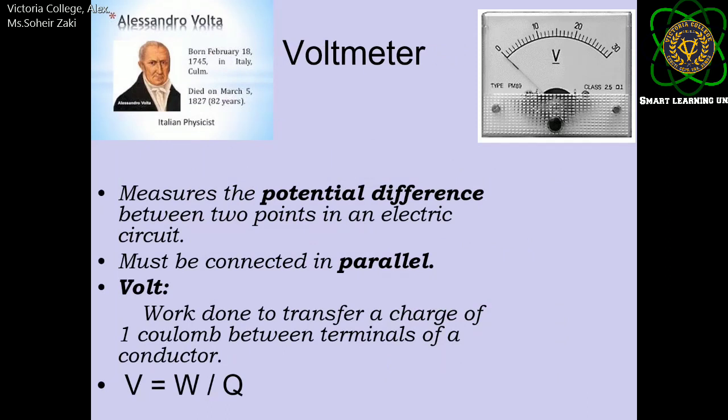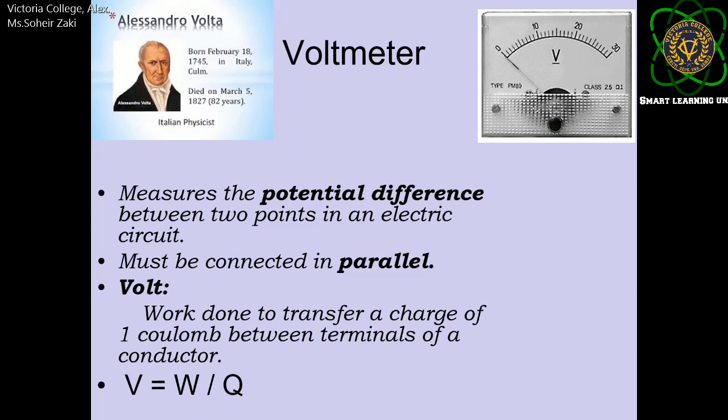Alessandro Volta is the Italian physicist who discovered the electric current. And so we measure the potential difference by the unit taking his name, which is the volt, and the instrument used to measure the potential difference is called a voltmeter.